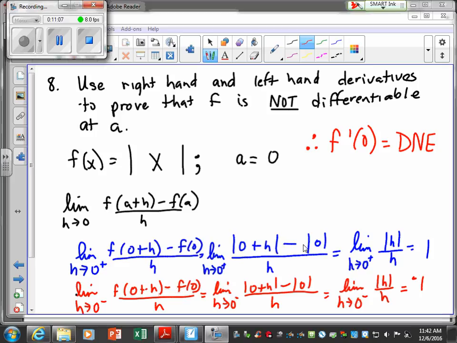It simplifies here. And when we test this as a right-hand limit, you get h over h, which is just 1, but it's 0 from the right, so it's positive 1. When we test it from the left, we get negative 1. Therefore, the left-hand and right-hand limits do not agree, so f prime of 0 does not exist, and it's not differentiable at that point.